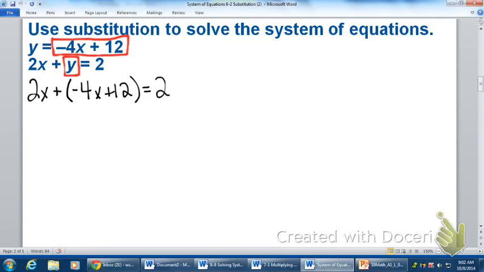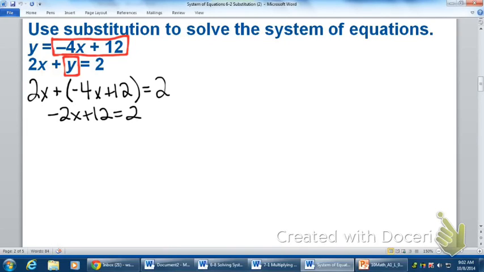You have a multiplier then? That is 2x plus a negative 4x. What does that equal? If you add a negative 4 plus a positive 2, you're left with what? So you just add it, right? You're left with a negative 2x plus 12 is equal to 2. Next step, you're solving for x. What do I do?